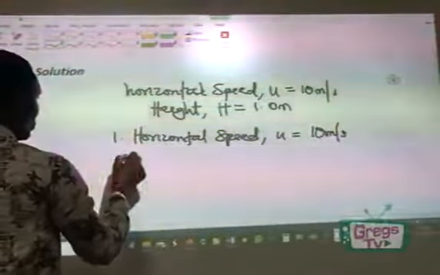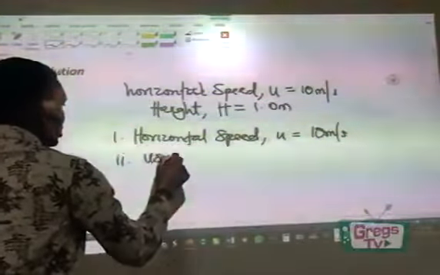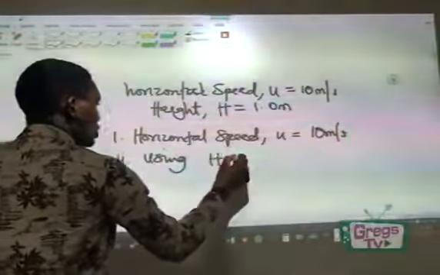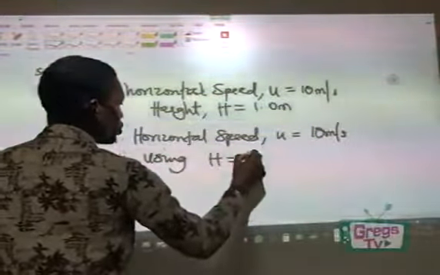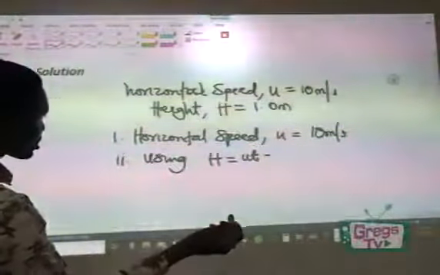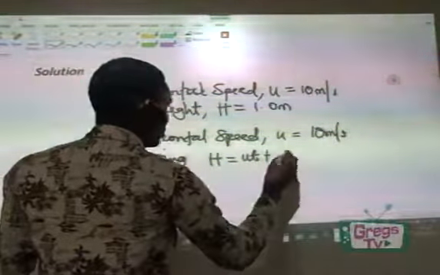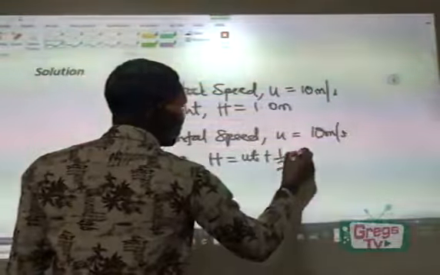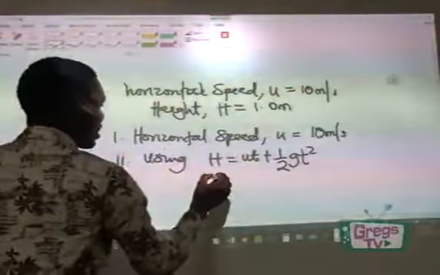Number 2, the time of flight, using h equals ut plus half gt squared. My h is 1.